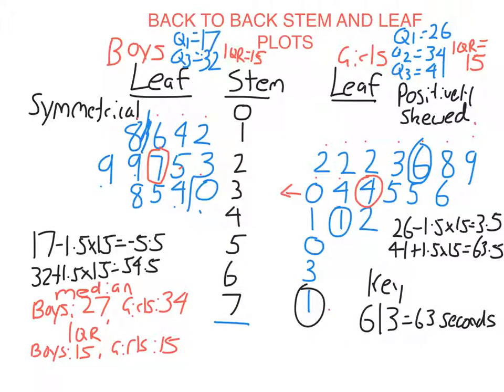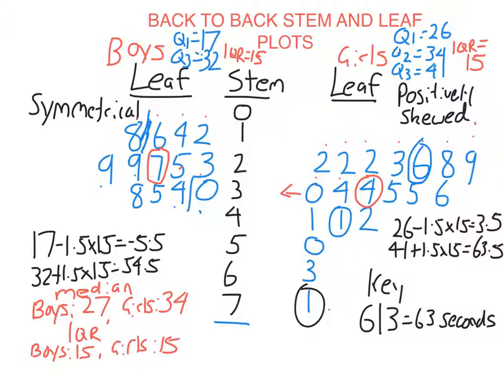So now that we've calculated all these statistics, we can compare these data sets from the back-to-back stem and leaf plots. So for girls, the median is higher than for the boys, but the spread is about the same in each data set. So what that means is we can use this as evidence that boys were actually faster, their scores are in general lower.